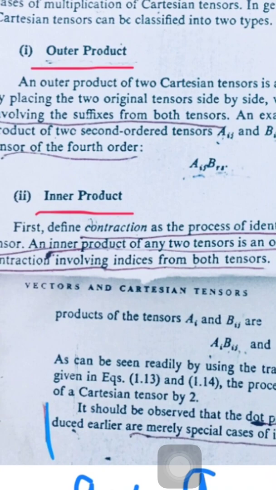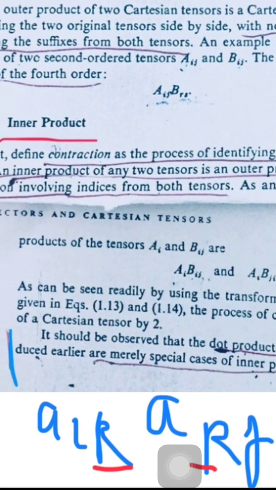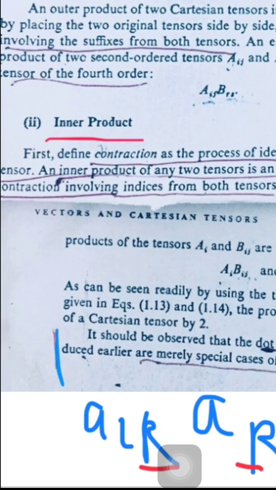But in case of inner product, first define contraction, which I think you have studied in your previous tensor analysis or tensor algebra paper. Contraction is the process of identifying any two indices of a tensor.